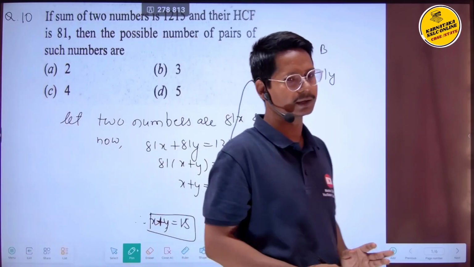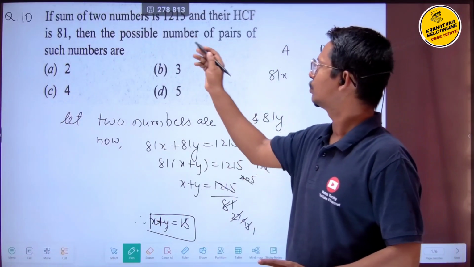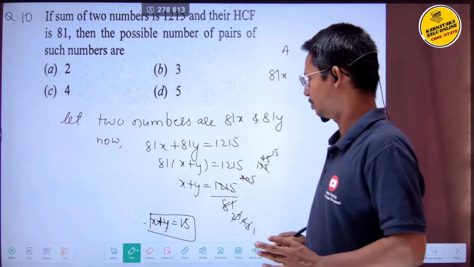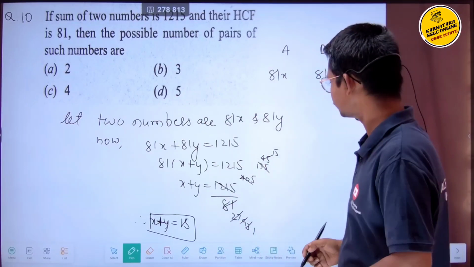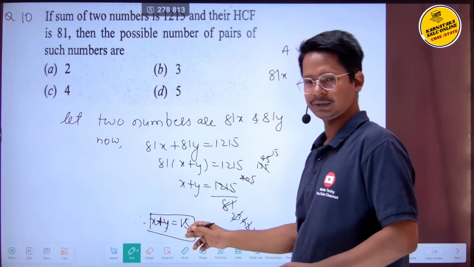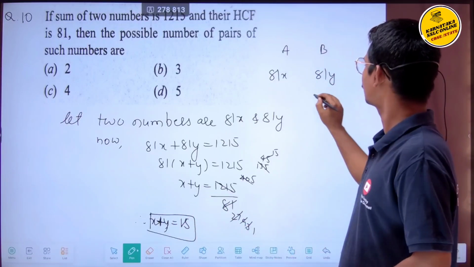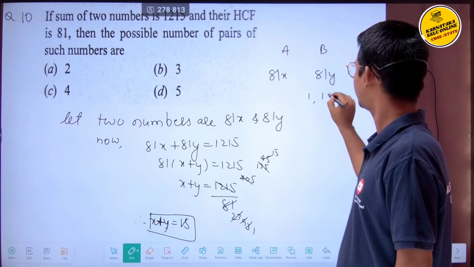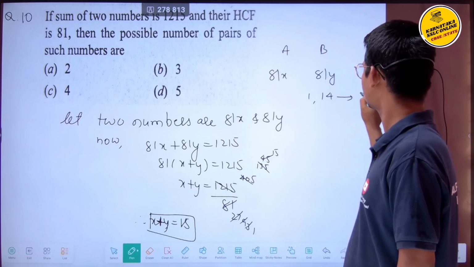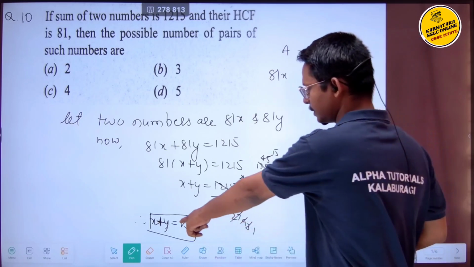Now you need to select a pair, the possible number of pairs of such numbers. You need to select two numbers for x and y so that the sum is 15. So you can go with 1 comma 14, which adds up to 15 as per this condition.